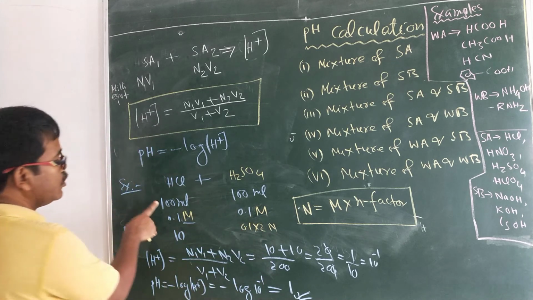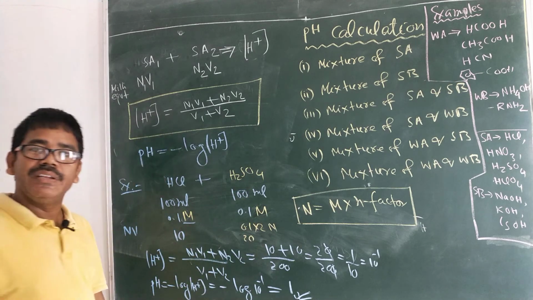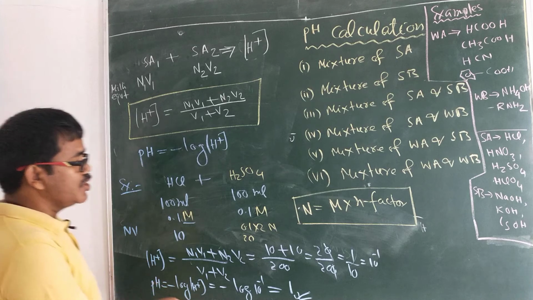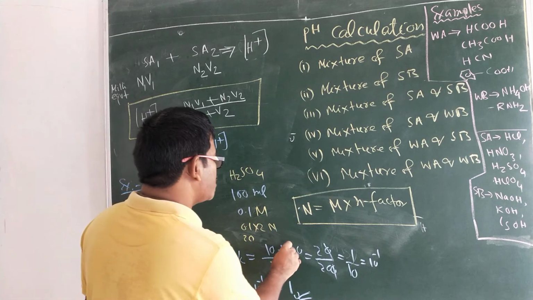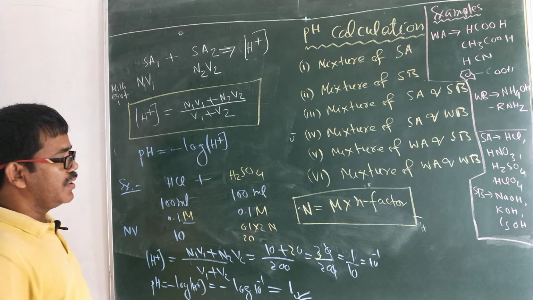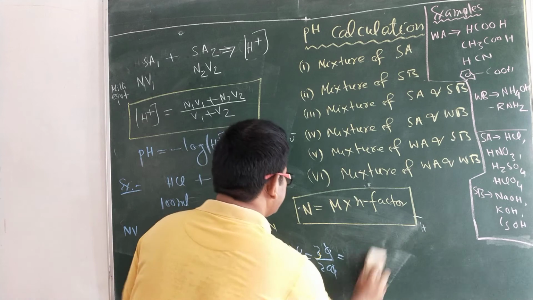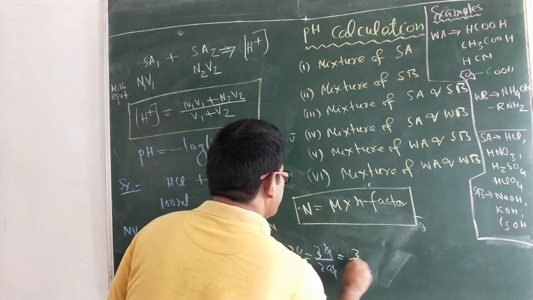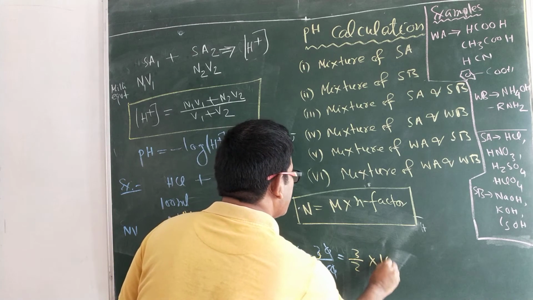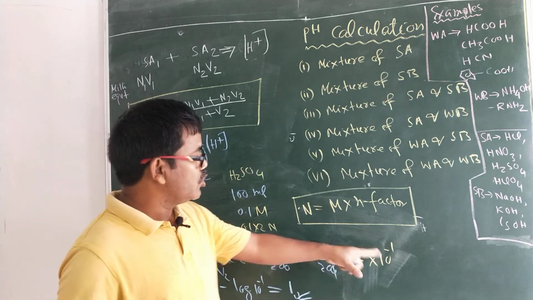Therefore, here milli equivalent will be 10, but here milli equivalent will be 20. Therefore, H plus concentration will be 10 plus 20, that is 30 by 200. Therefore, it is coming 3 by 20, or 3 by 2 into 10 to the power minus 1. Can I write like this? 3 by 2 into 10 to the minus 1.